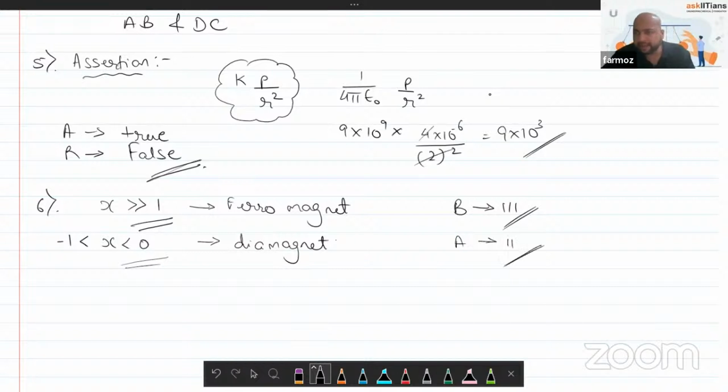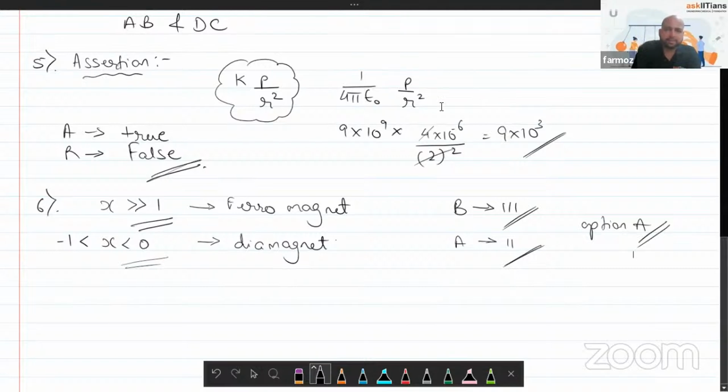A corresponds to option number 2 and B corresponds to option number 3. There is only one option which satisfies both the conditions. So over here, your answer is option A. Clear? Simple. Now moving on to the next question, that is question number 7.